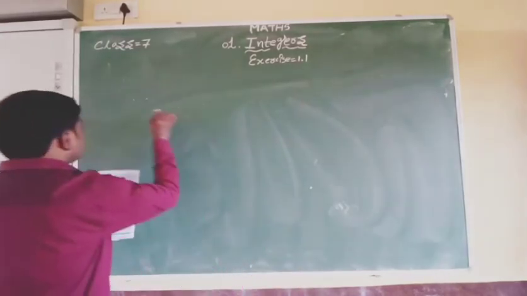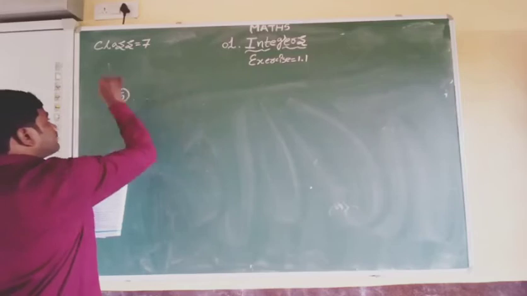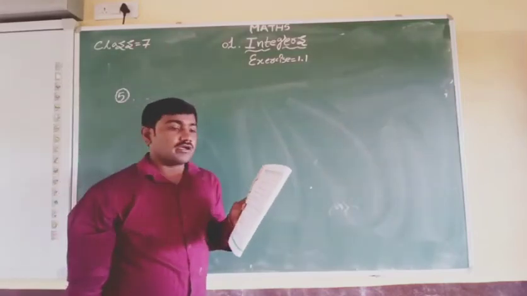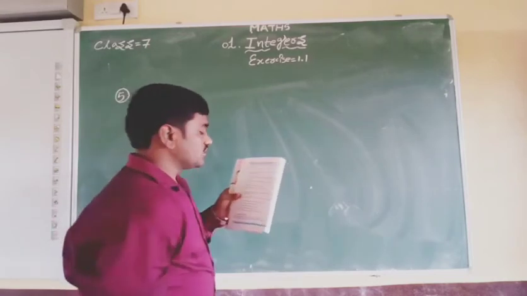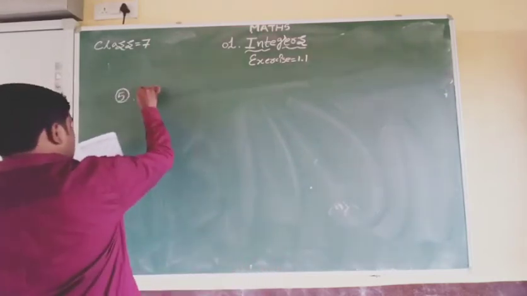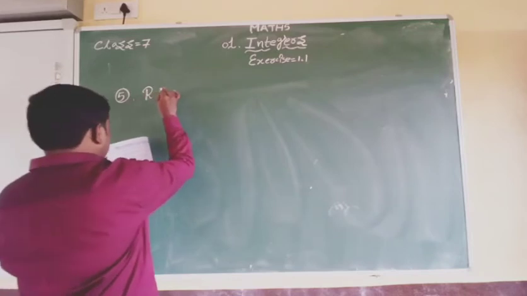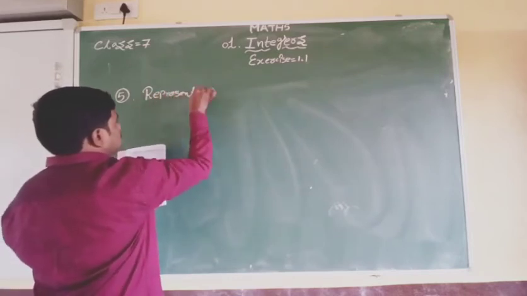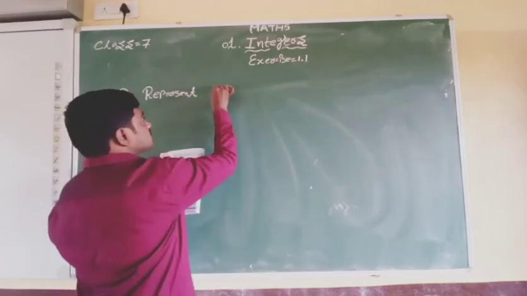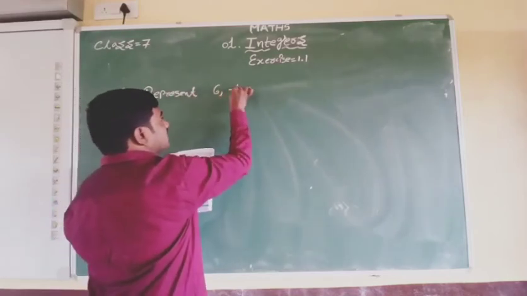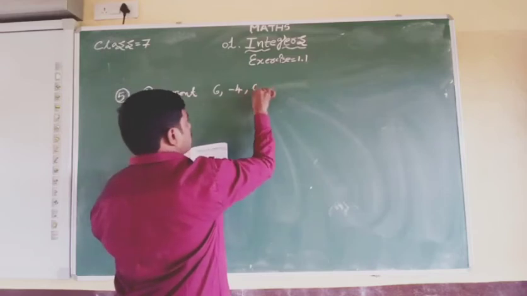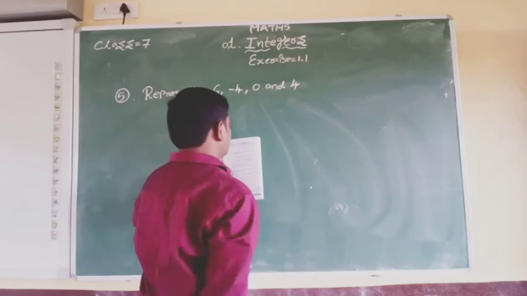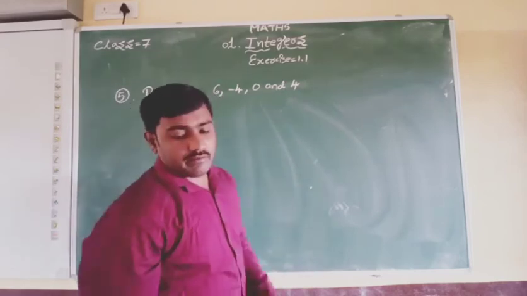Then the question number 5 here. Represent 6, comma, minus 4, comma, 0, and plus 4 on a number line.